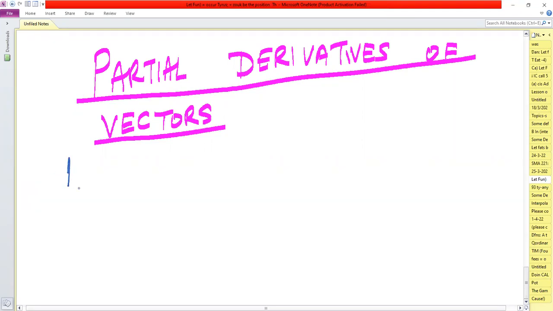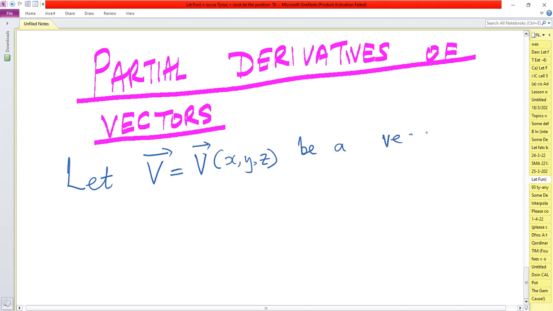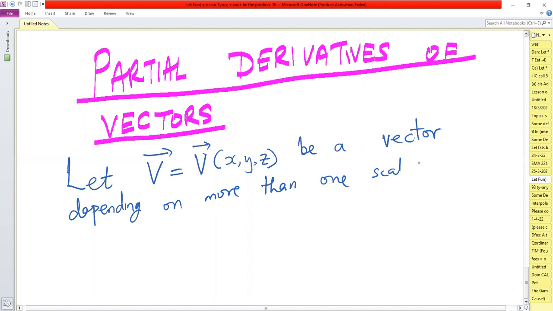Let V, which actually depends on the variables x, y, and z, simply for this case, x, y, and z.